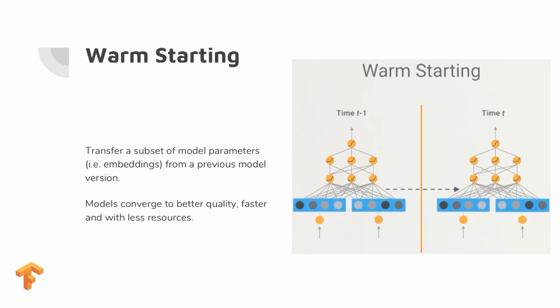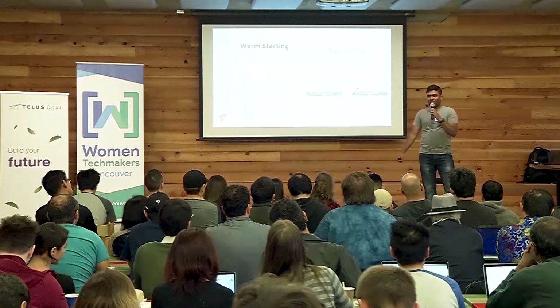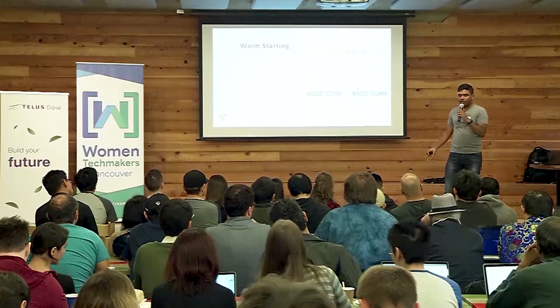Warm starting. This is the problem that people face in APIs. The models that TensorFlow or any machine learning system spits out are huge files. They're 400 MB files. Let's say nobody was querying your API for the whole night, and at 9 a.m. in the morning, everyone comes in and wants to know the predictions, everyone is going to ping your server, and your server will be like, OK, let me load 400 MB of file, then only can I reply to you, because that is my model file.